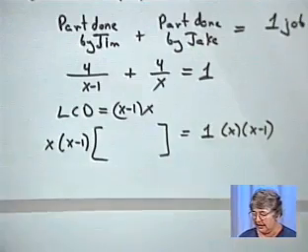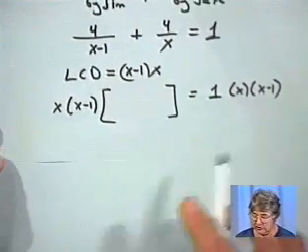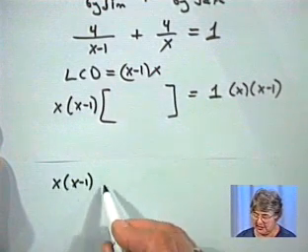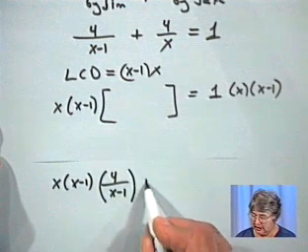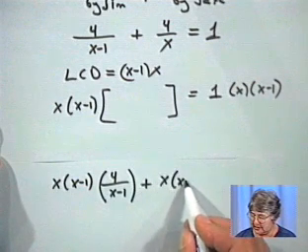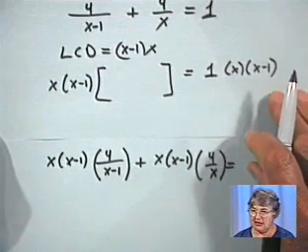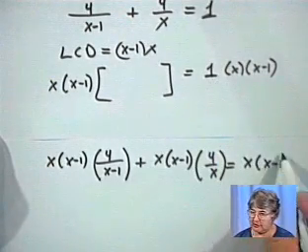When we do that, each of those terms is going to be multiplied by the denominator. X times X minus 1 times 4 over X minus 1, plus X times X minus 1 times 4 over X, on the left-hand side, but on the right-hand side we simply had a 1, so that's just X times X minus 1.